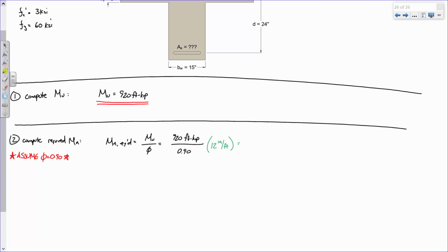And so does anybody have a value for this for me? 12,266.7, okay, so we'll say 12,266.7 inch-kips.